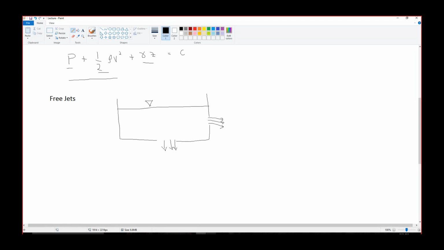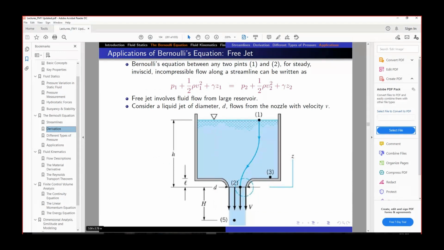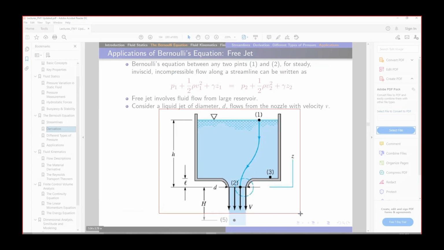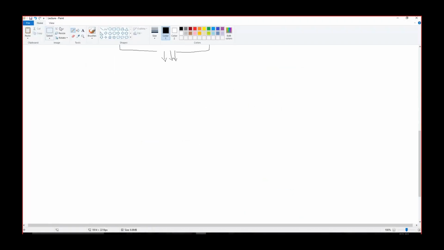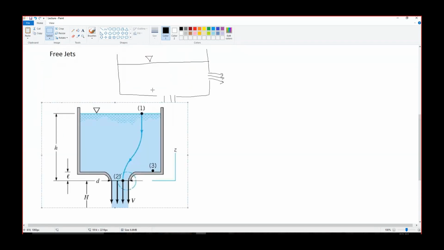So we discuss how we apply Bernoulli equation to the free jet situation by considering this diagram. So consider this figure here.